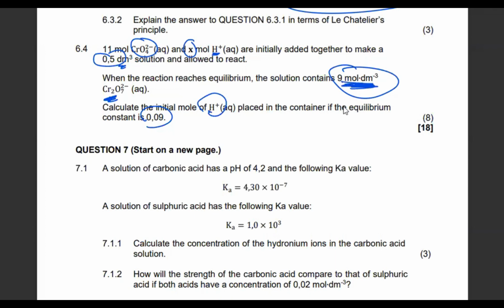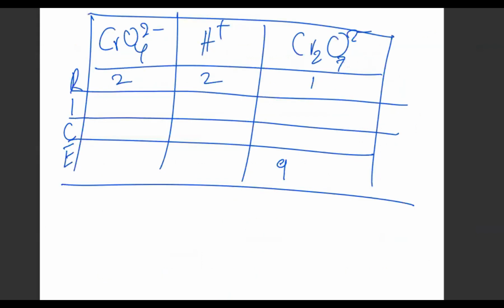So if this is concentration, then to get the number of moles which were there at equilibrium, we have to multiply the concentration times the volume, whereby the concentration is 9 and the volume is 0.5.